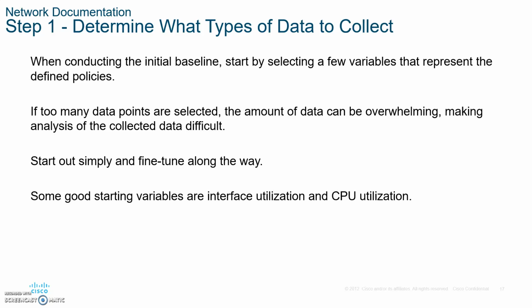So select a few variables. Start with interface and CPU utilization. It may take you a week, 2 weeks. Typically you should spend about 1 to 6 weeks to make sure you eliminate any anomalies.